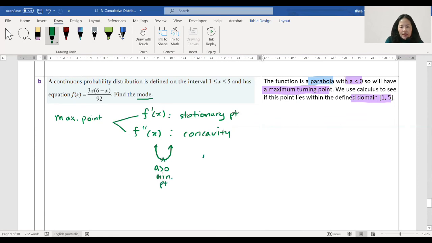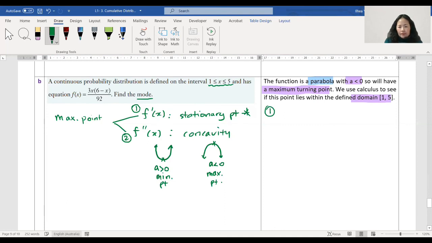And concave down, when the parabola is negative, gives a maximum point. To find the stationary point, that's the first step. And then we need to check, because that stationary point is only a possible maximum point. We check it by doing a second derivative, and hopefully the mode, the x value from the stationary point, is in between 1 and 5. Okay, so let's have a look.